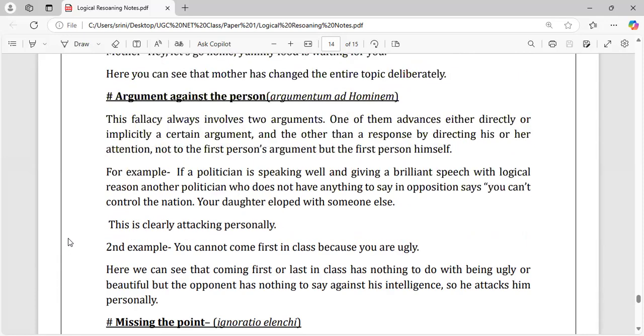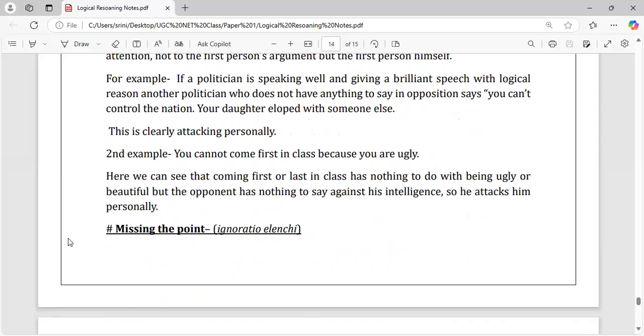So any personal attack during an argument or a conversation, if someone has no points or intelligent thoughts to say and instead of counterpointing attacks the person, is called argumentum ad hominem.